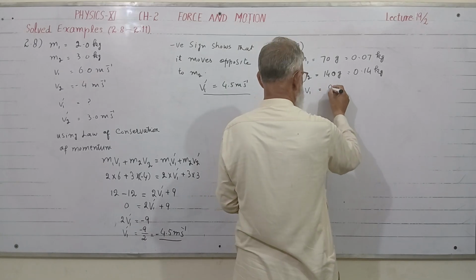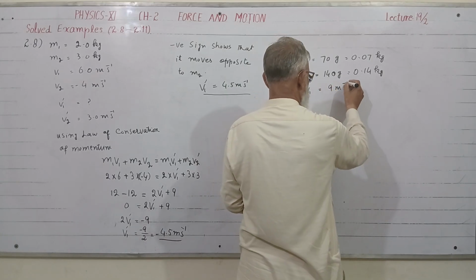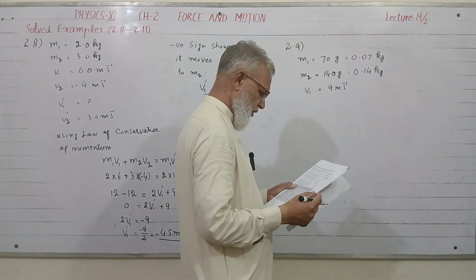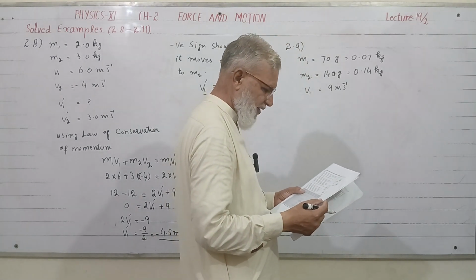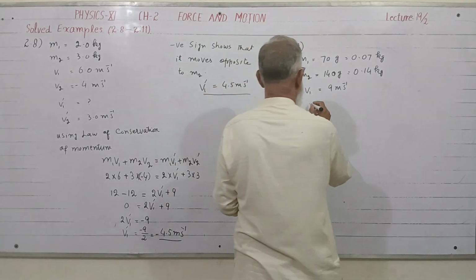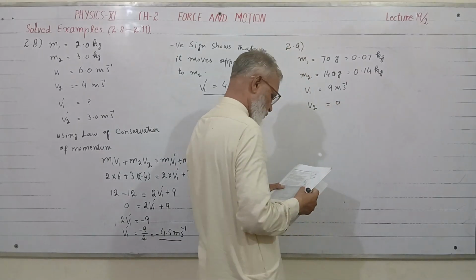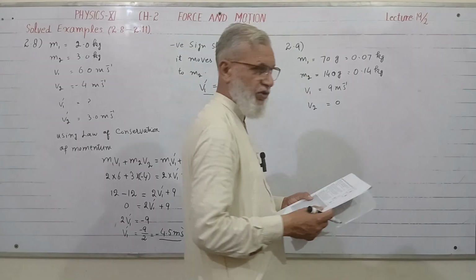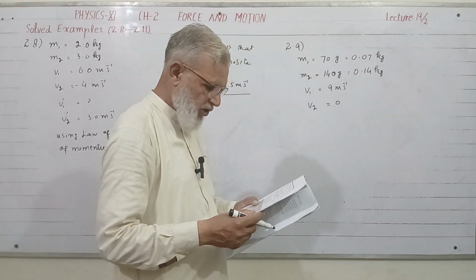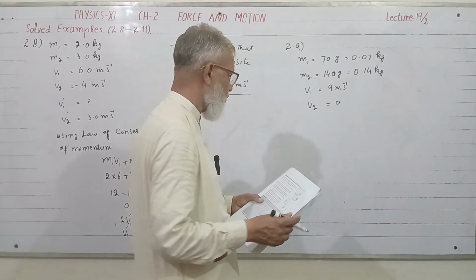The velocity of the first ball V1 is 9 meter per second, while the second ball is at rest, V2 is 0. If the collision were perfectly elastic, what should be the velocity of the two balls after collision?